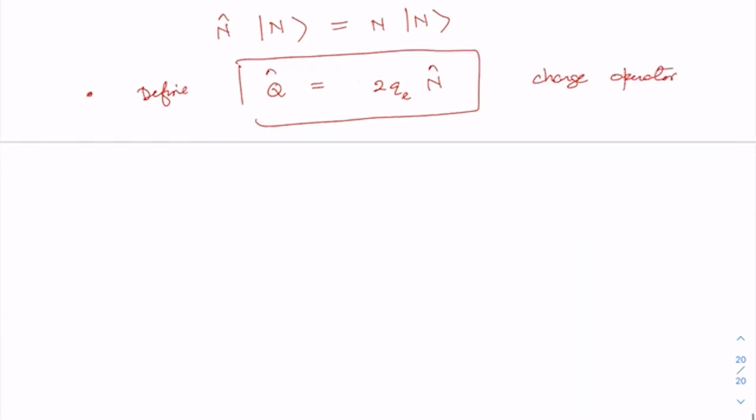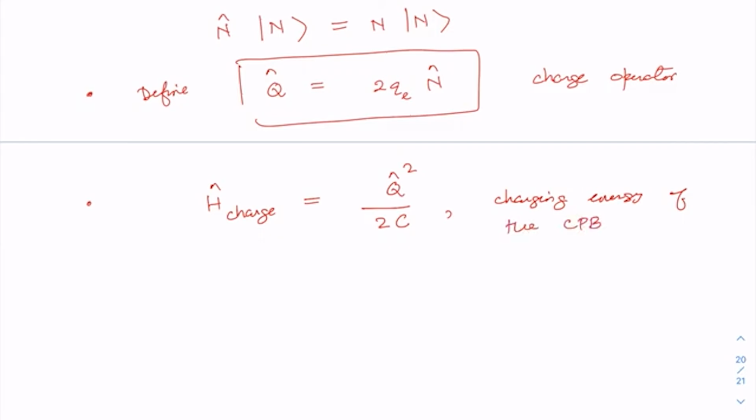And in terms of the charge operator, we have one part of the Hamiltonian of the system, that is H charge, equal to Q square by twice C, and basically this refers to the charging energy of this Cooper pair box. So this is only one part of the Hamiltonian.